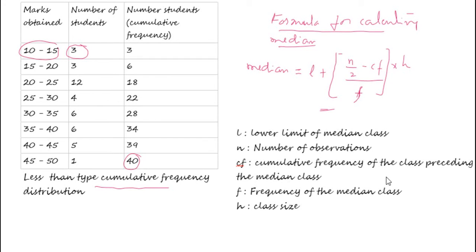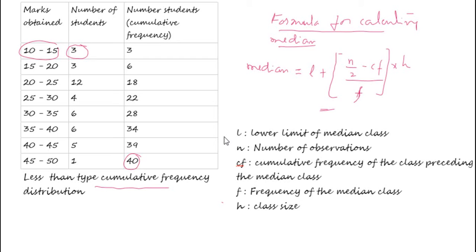Cf is the cumulative frequency of the class preceding the median class, and f is the frequency of the median class, not the cumulative frequency, the frequency of the class here. So f has to be taken from this column, Cf has to be taken from this column, and h is the class size. Here the class size is 5. 15 minus 10 or 20 minus 15, all class sizes are the same.